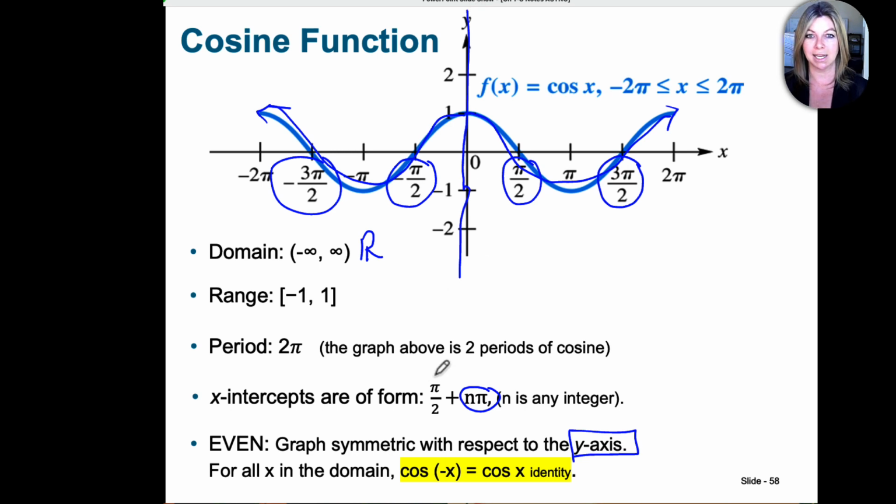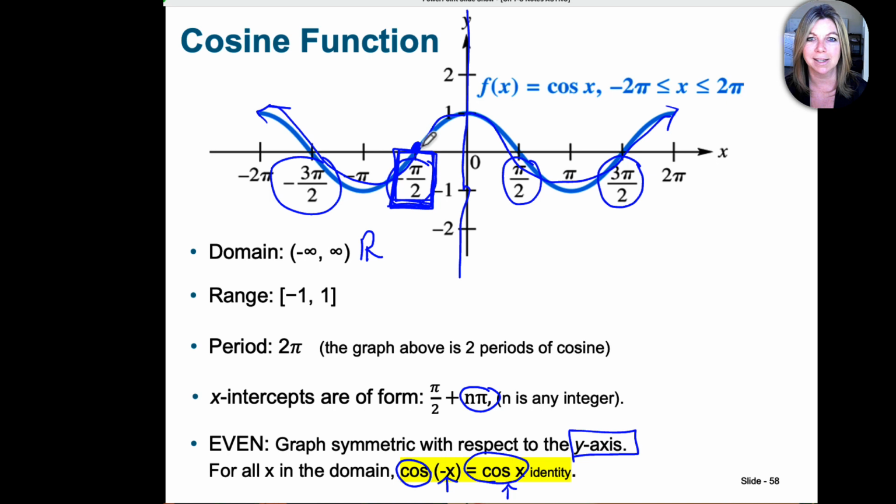Now let me talk about the identity a little bit. It says that if I take cosine and input a negative x value, I'll get the same as had I inputted the same positive x value. Let's check. If I take cosine of negative pi over 2, well, the value of cosine at negative pi over 2 is 0.